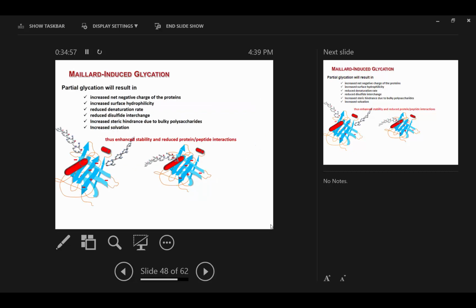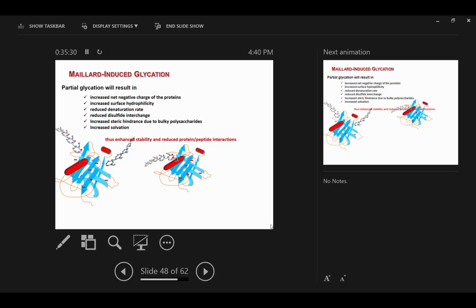Okay. So what we expect to happen is when you block an amine group, you're basically blocking a potential positive charge. So the net charge of the protein will be more negative. So you will have a higher net negative charge. By having a higher net negative charge and a small sugar that interacts with water, you are increasing the surface hydrophilicity of the protein.